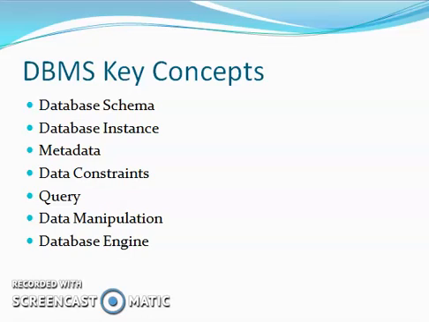A database instance, on the other hand, is a snapshot of a database that exists at a particular time. That means the data which is stored in the database at a particular moment of time is called an instance of the database.